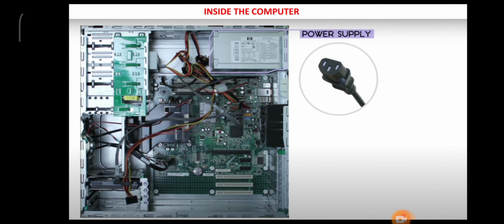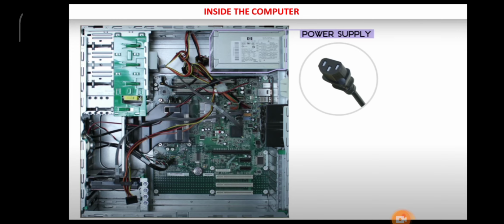Power supply. That is the main thing. As you can see, the 3 plug, you have to keep it there, plug it in and then switch on the power. It is always recommended to go for a UPS, uninterrupted power supply, because due to power fluctuation your data may get lost.